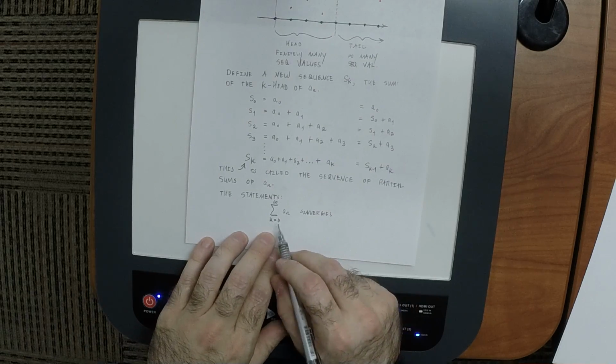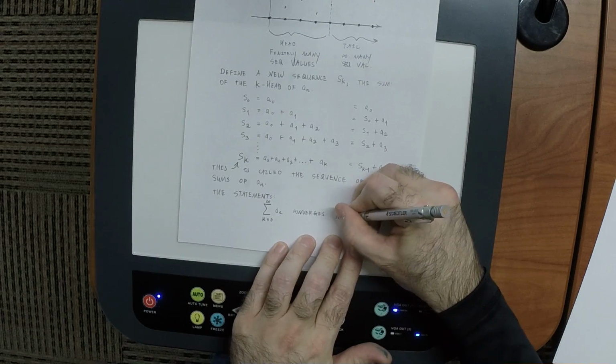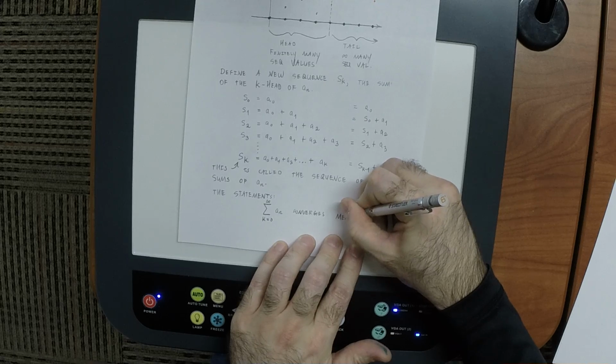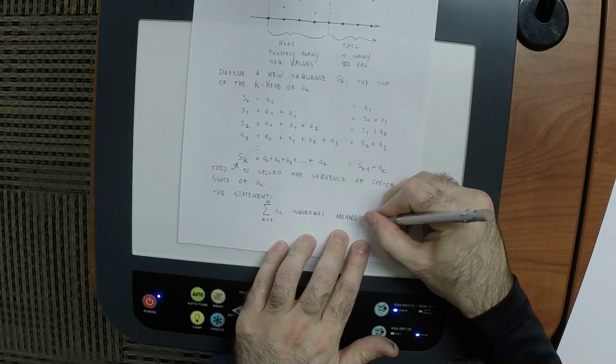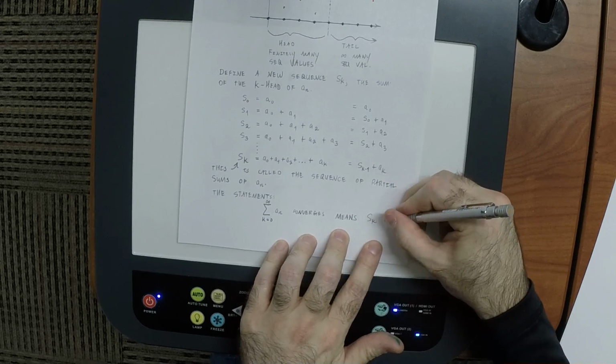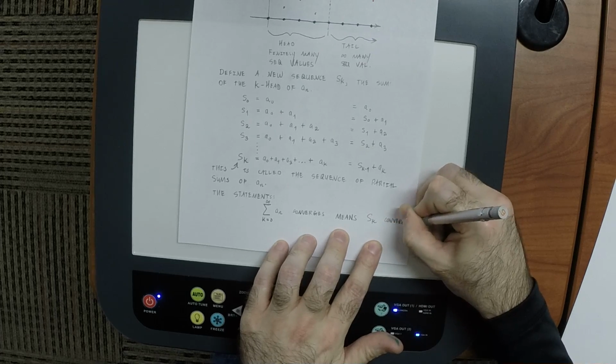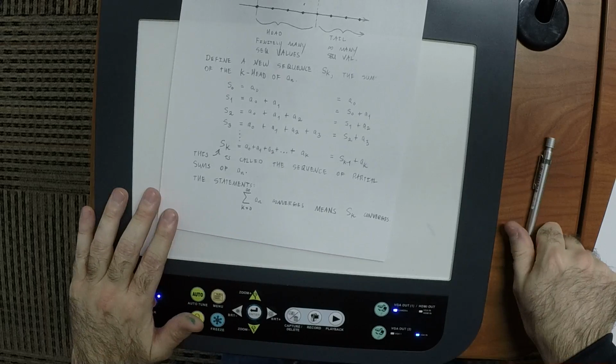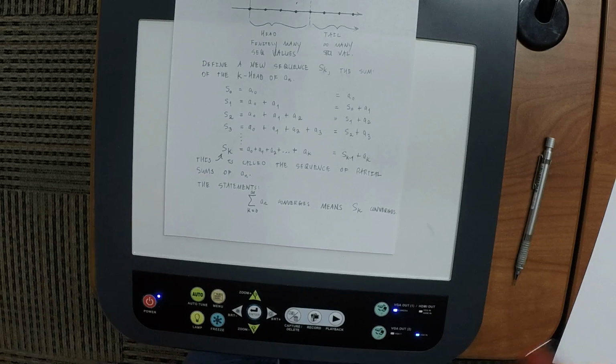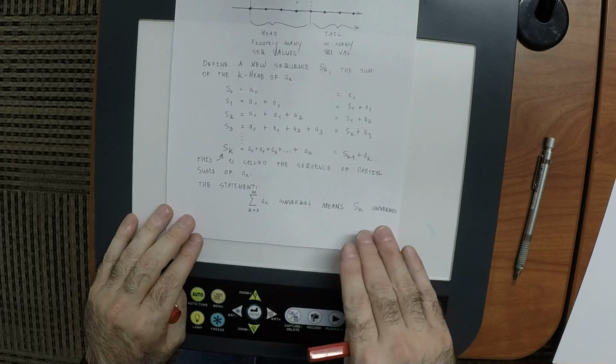So this converges, so that means s_k converges. Now we're using converges twice in that sentence.